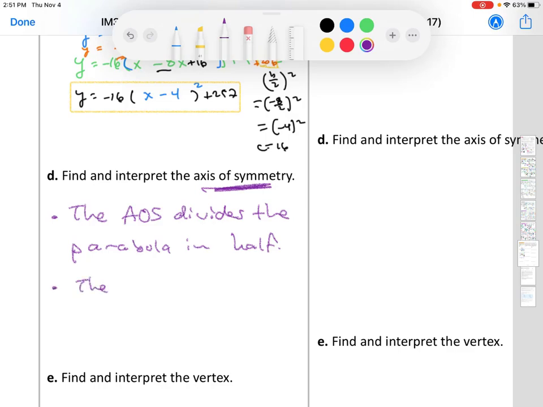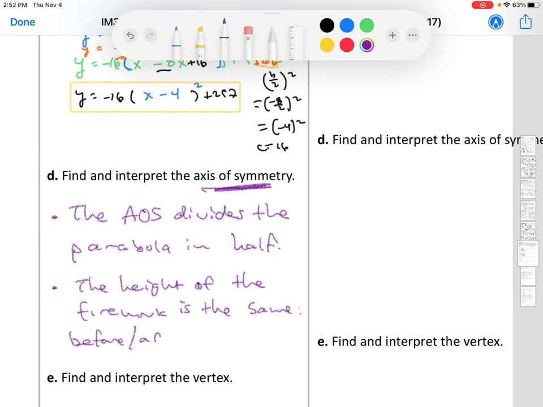And the height of the firework is the same before or after 6 seconds.